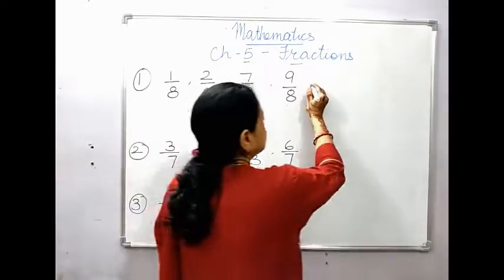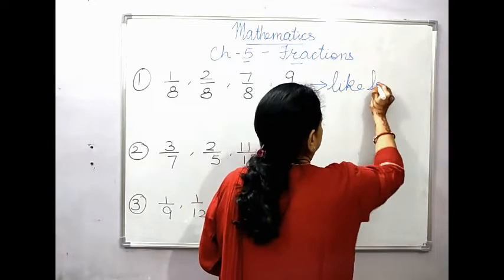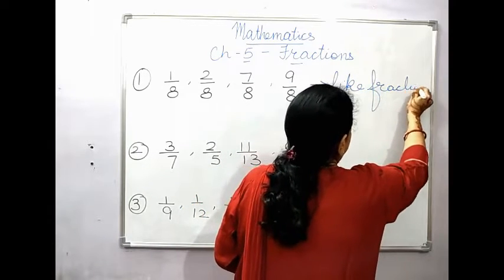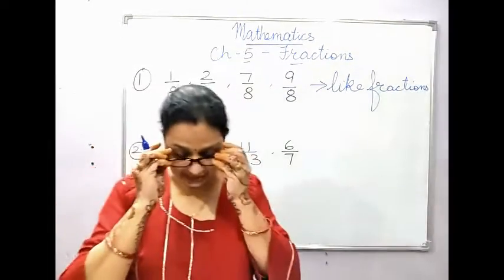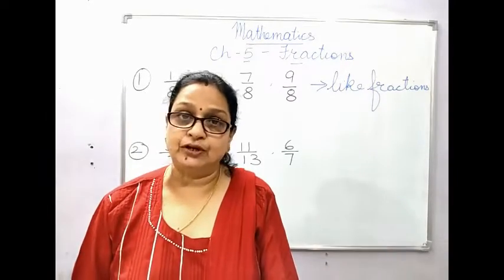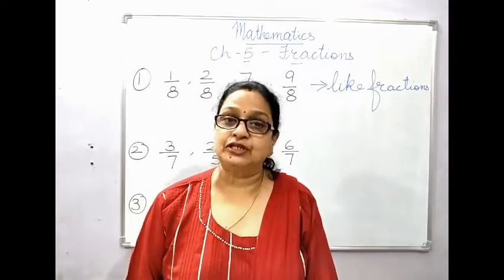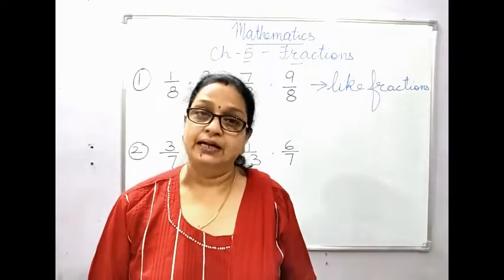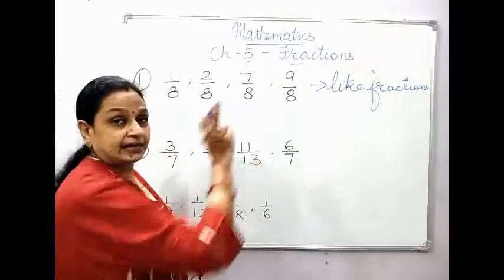What are they called? Like fractions. I read it from the book: all the fractions having the same denominator are called like fractions. Okay, so these are called like fractions.